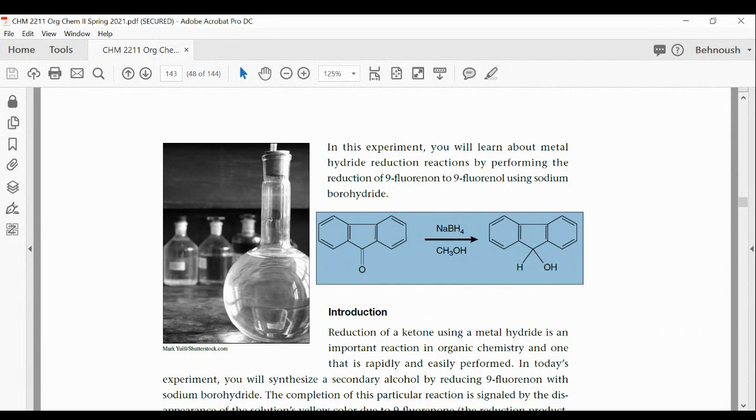So for the IR spectrum, what's going to happen? The peak at 1700 is the location for the reactant, but 3300 is specific to the product.